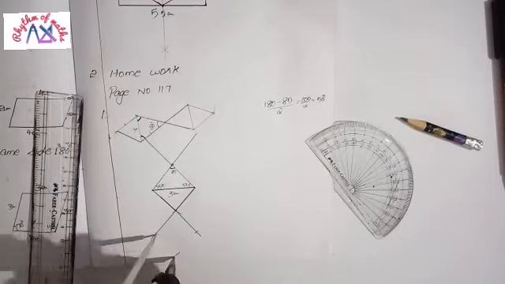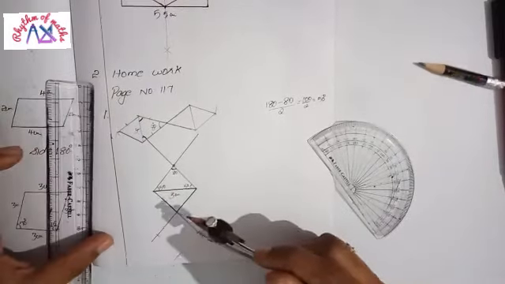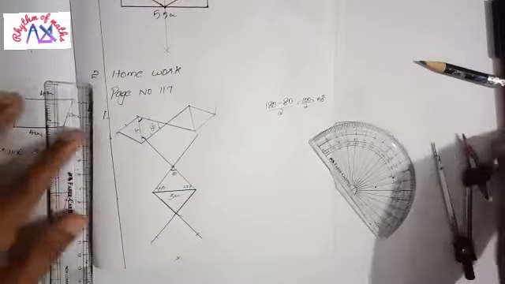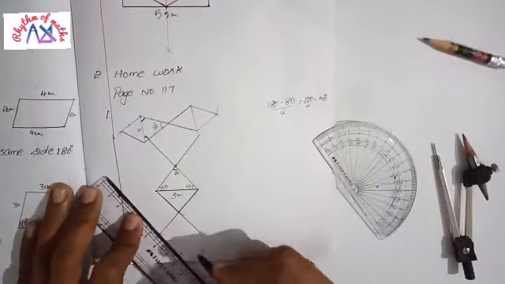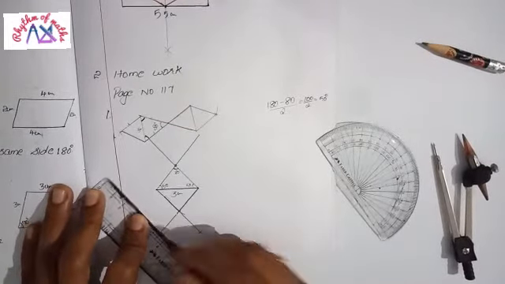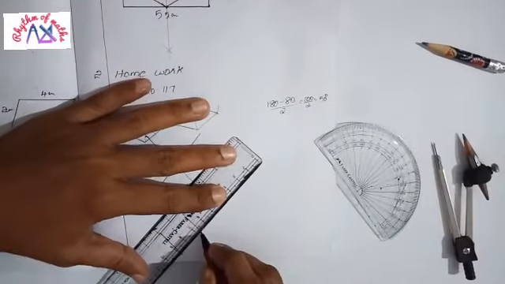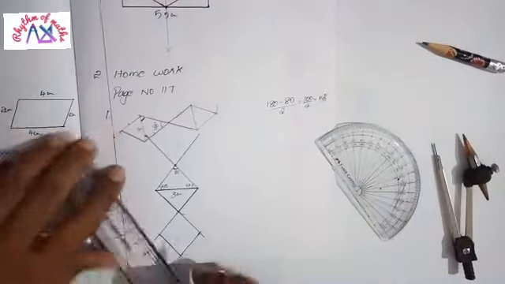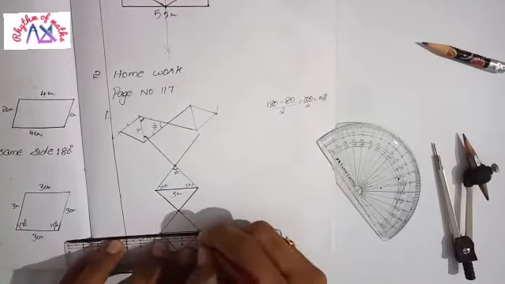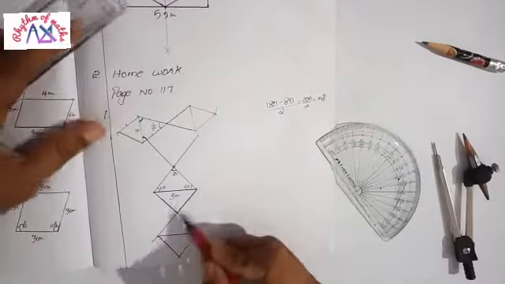One arc like this, then a second arc like this. Now join the points, just join all the points like this. Now you can join these diagonals also. Now you got two rhombuses.